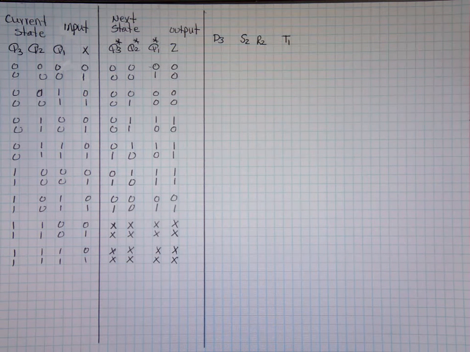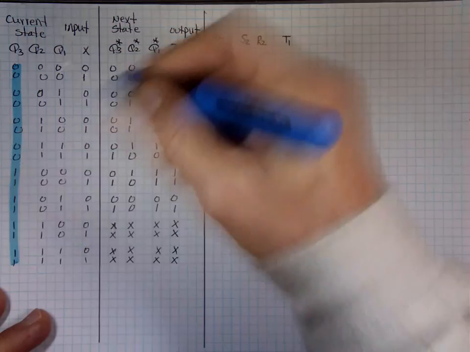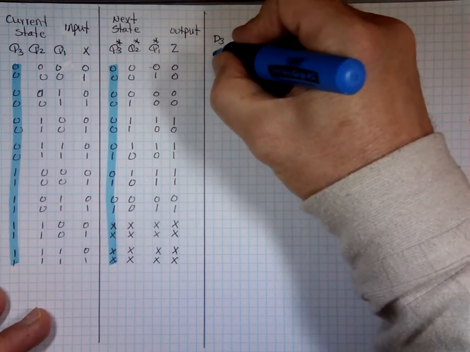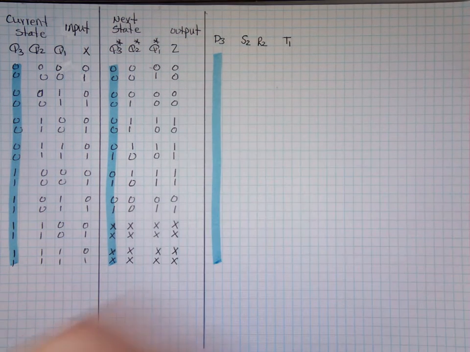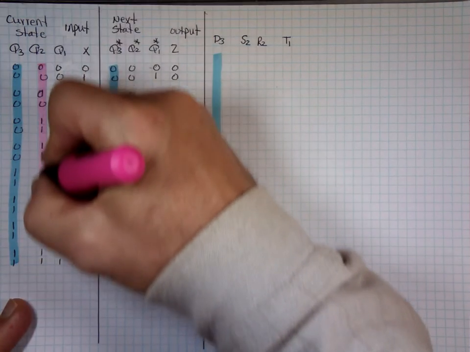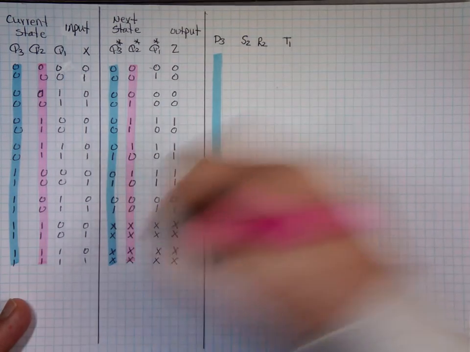So the first flip-flop is the 3. That's this with this to get that. The second one, this and this to get these two.